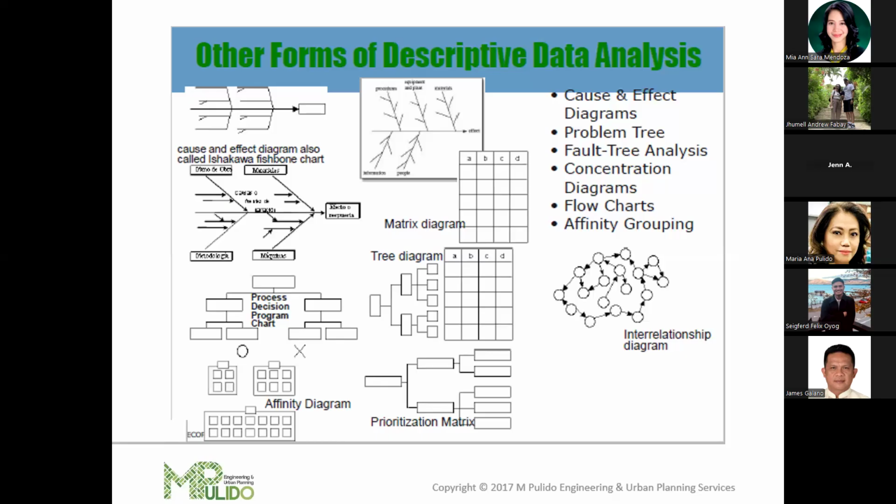So, okay, fault tree. Bakit ano yung kakaiba sa problem tree? Fault tree. Baka lang kasi itanong yung definition of terms. And fault tree analysis is used to trace possible faults or failures back to their root causes.